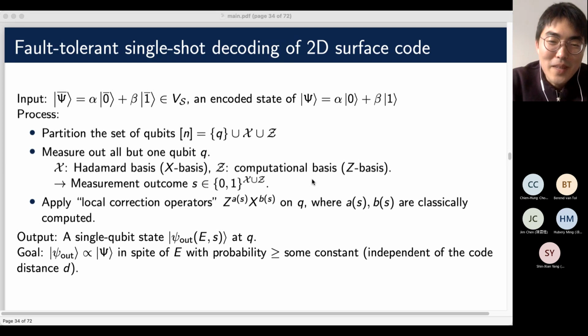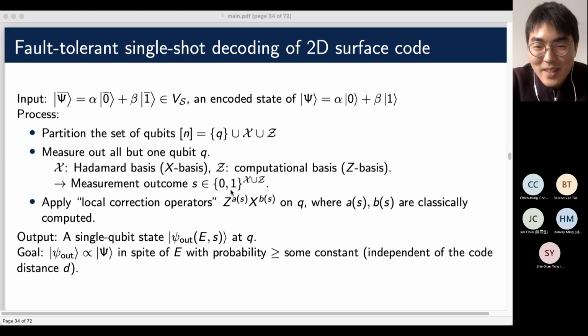And I will denote the measurement outcome by S, which is nothing but a binary string supported by X and Z.